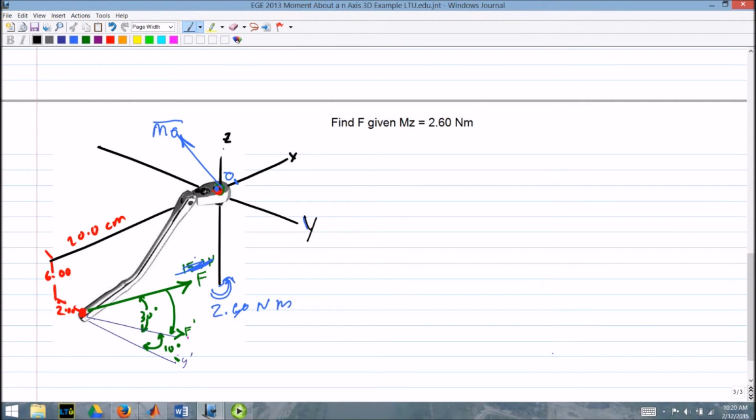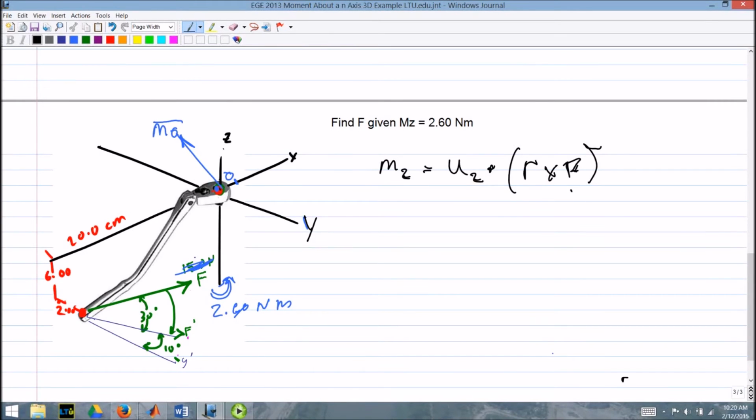Well, my problem, again, I'll write it out, is my moment in the z direction is equal to the unit vector in the z direction dot r, my position vector, cross F, my known force direction but with unknown magnitude.